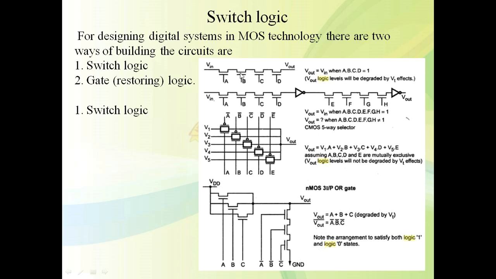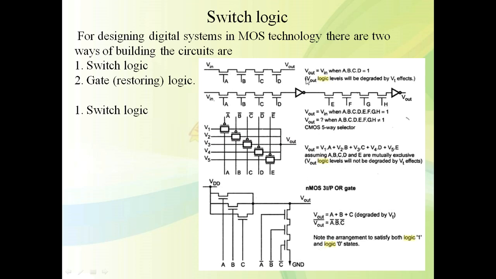Here it is a 4-input AND gate, and we are expecting that V out is equal to V in when all the inputs are 1, 1, 1. So A is equal to 1, B is equal to 1, C is equal to 1 and D is equal to 1. At that time all the switches will be on and V out is equal to V in.